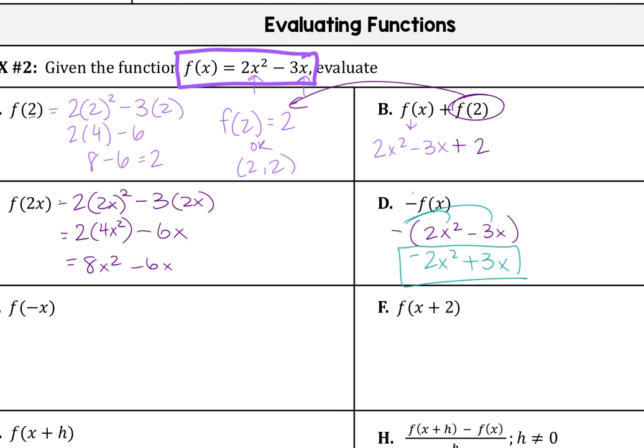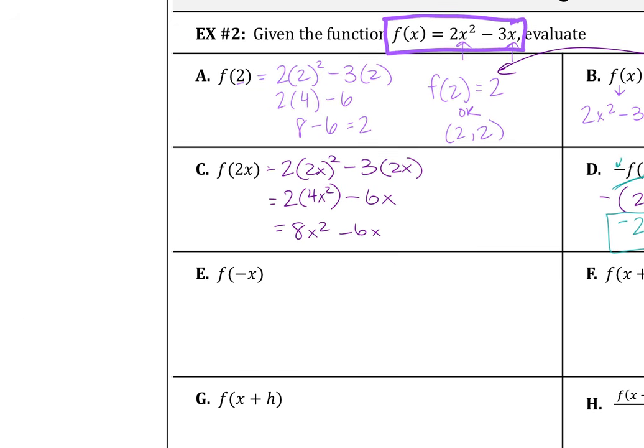That's how you deal with the negative on the outside. Okay. Negative on the inside means we're replacing the x on the inside. So 2 negative x squared minus 3 times negative x. Okay, well, negative x squared is a positive x squared. So 2x squared, and then negative 3 times negative x is positive 3x.